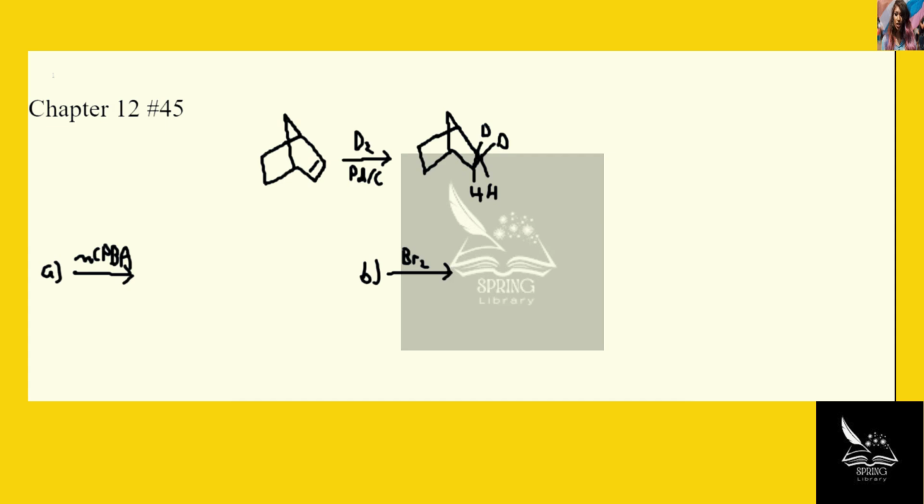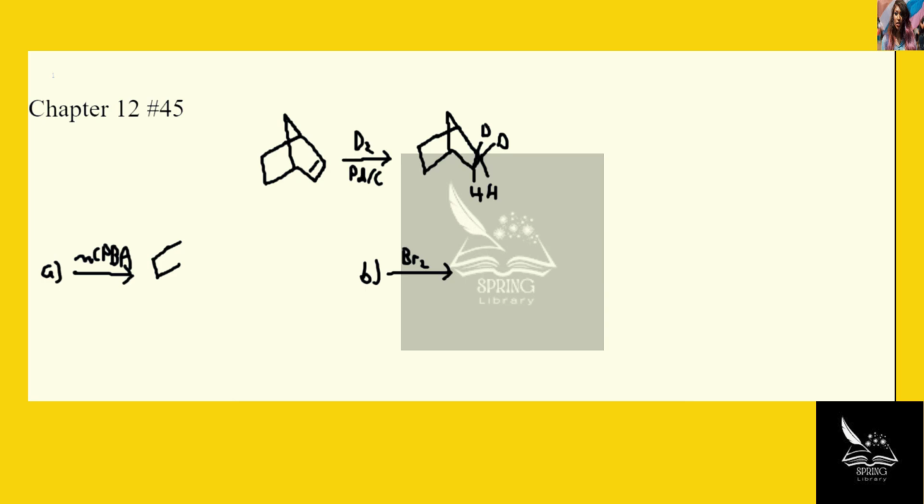So when we're then asked to predict products for the other two reactions or series of reactions that we're given, we can do so because we know that the bottom face of this molecule is blocked. For example, for A, the MCPBA is only going to be able to add from that same top face that the deuterium added from.